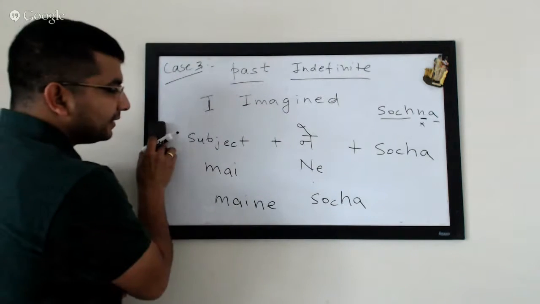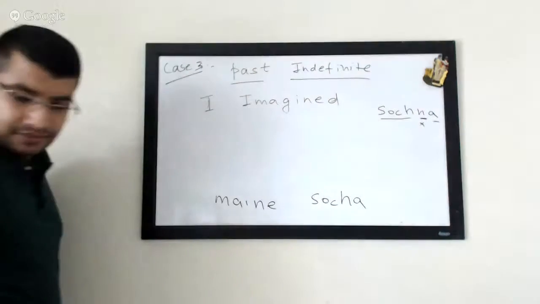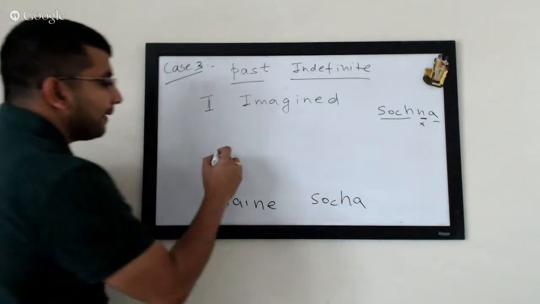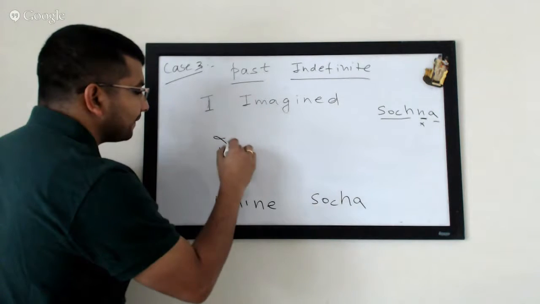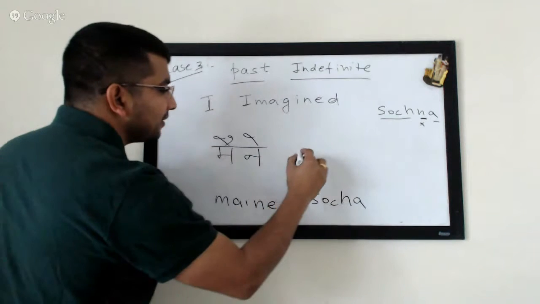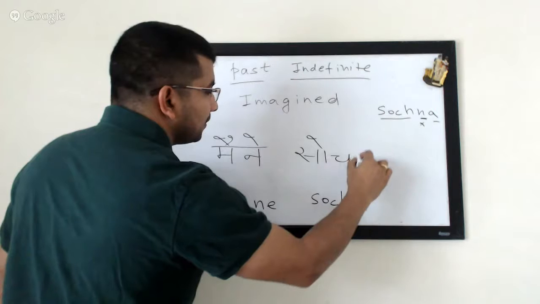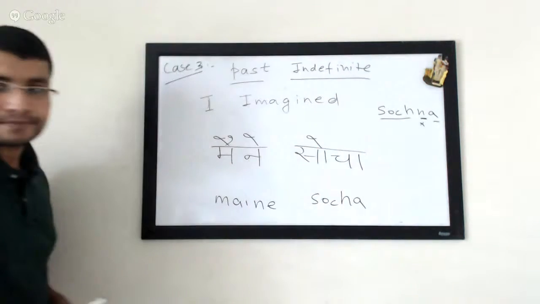And the way you write it in Devanagari is मैं, मैंने, make it one word, सोचा. मैंने सोचा.